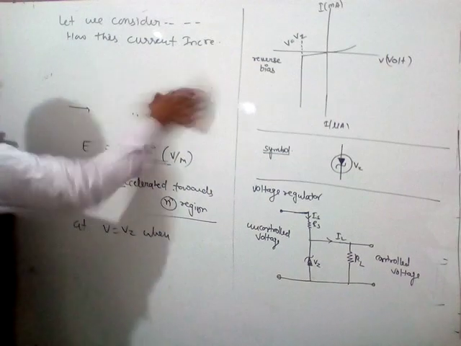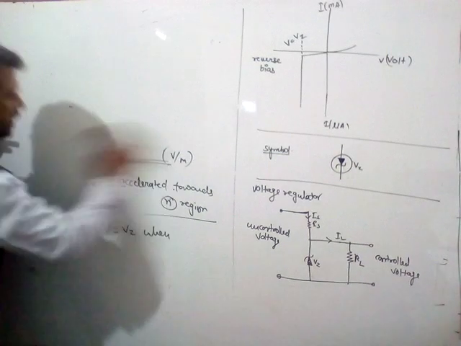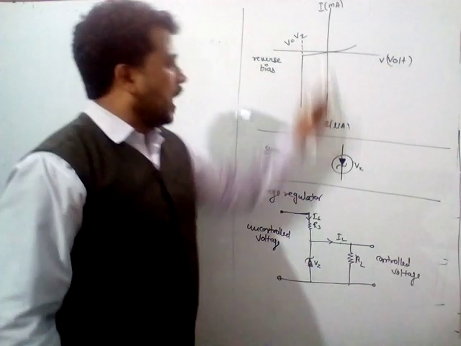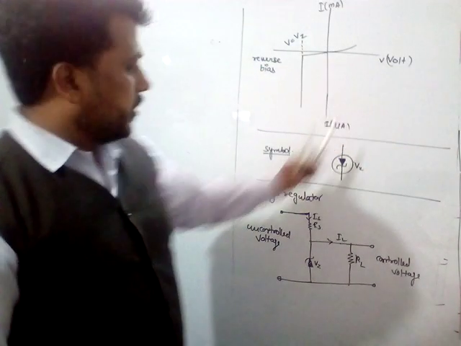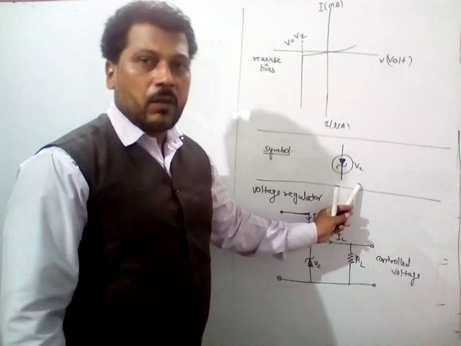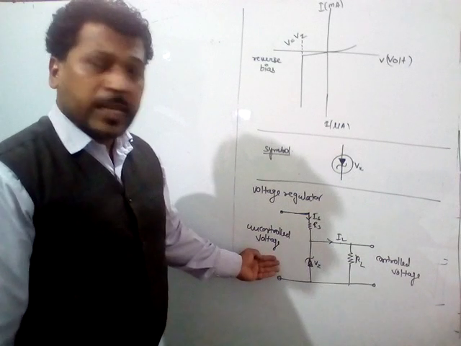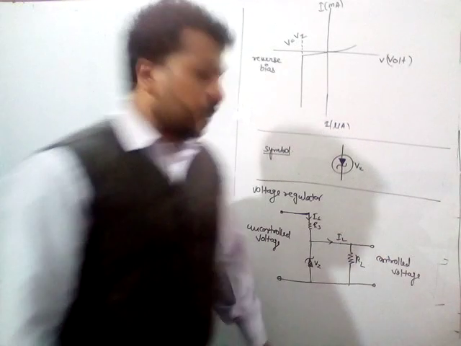And now let me discuss how this works as a voltage controller. This is the IV characteristic curve for the Zener voltage. This is the symbol of the Zener diode, and here this is the uncontrolled voltage which converts into the controlled voltage.